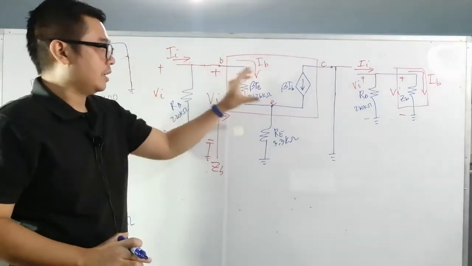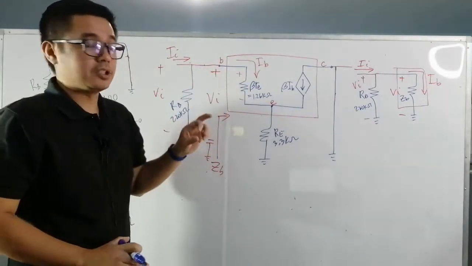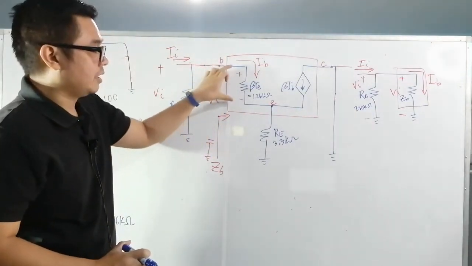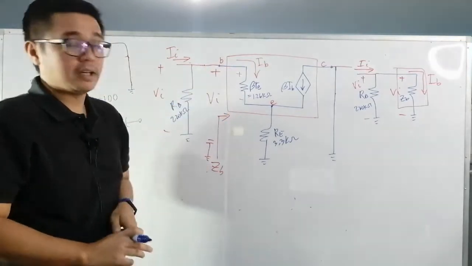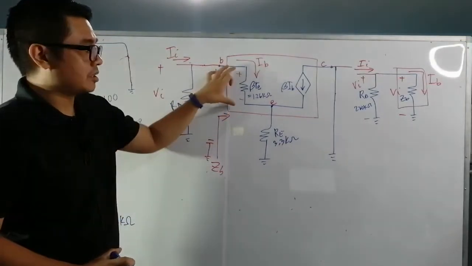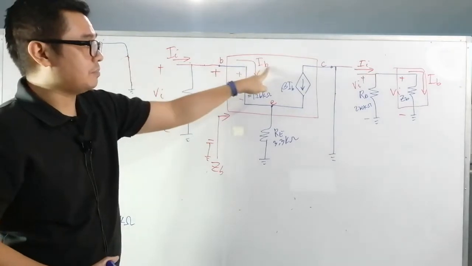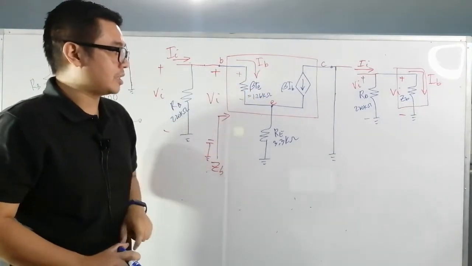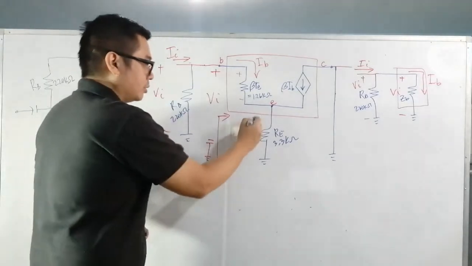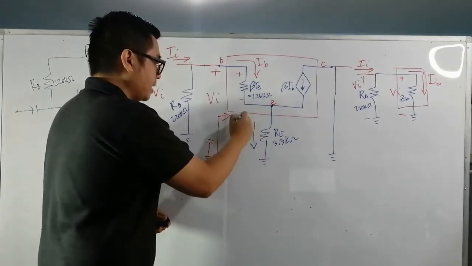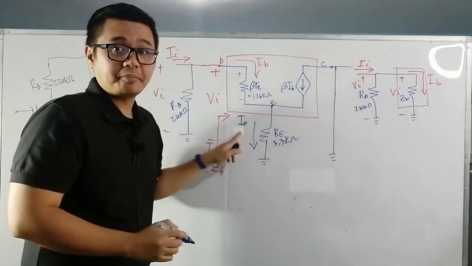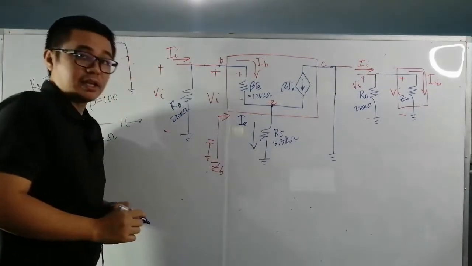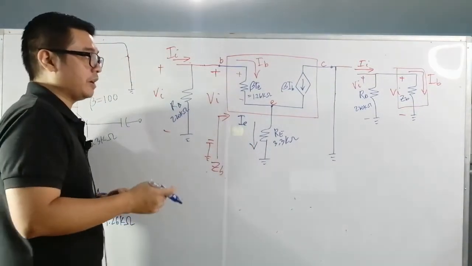Unahin natin tong sum of the voltages across beta RE and RE. What is the voltage across beta RE? It's I sub B times beta RE. What is the voltage across R sub E? That's equal to I sub E, which is yung AC, times R sub E. Alright, so let's write down the equation.